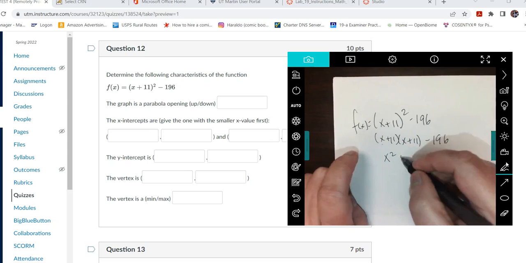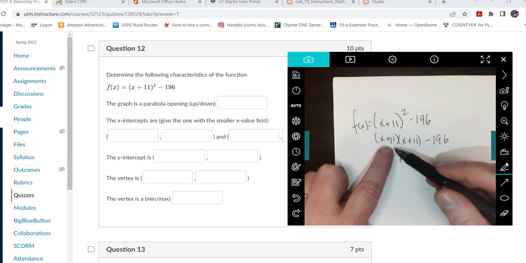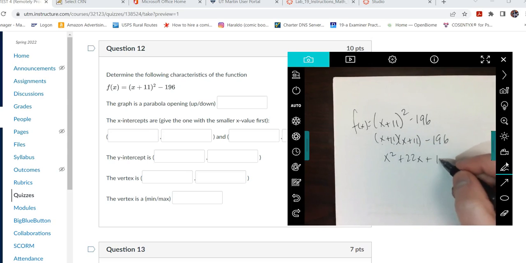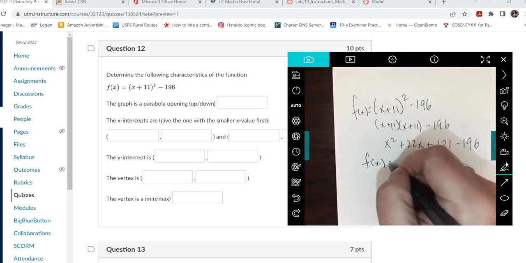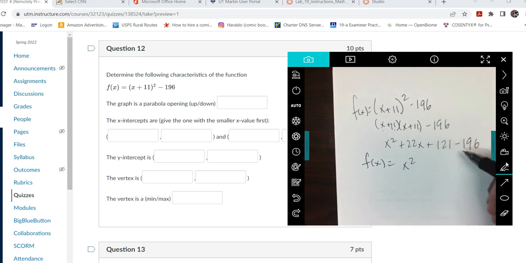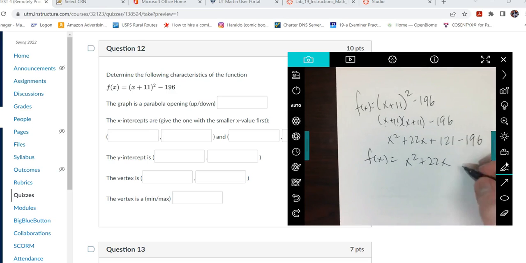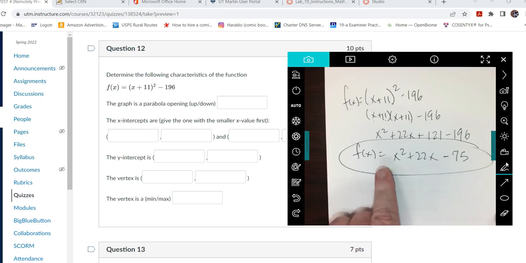So 11x plus 11x is 22x, and 11 times 11 is 121. Okay, so then plus 22x and 121 minus 196 is minus 75. Okay, this is positive x squared, so it's going to open up.